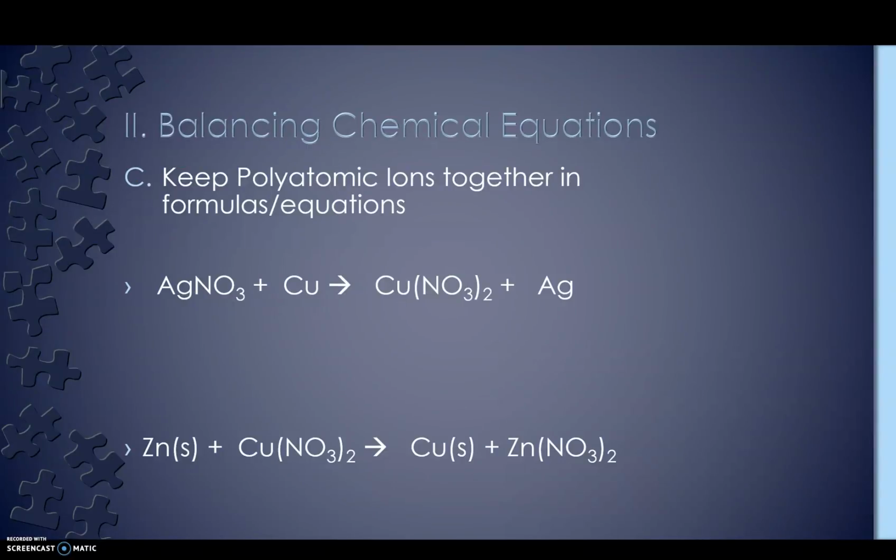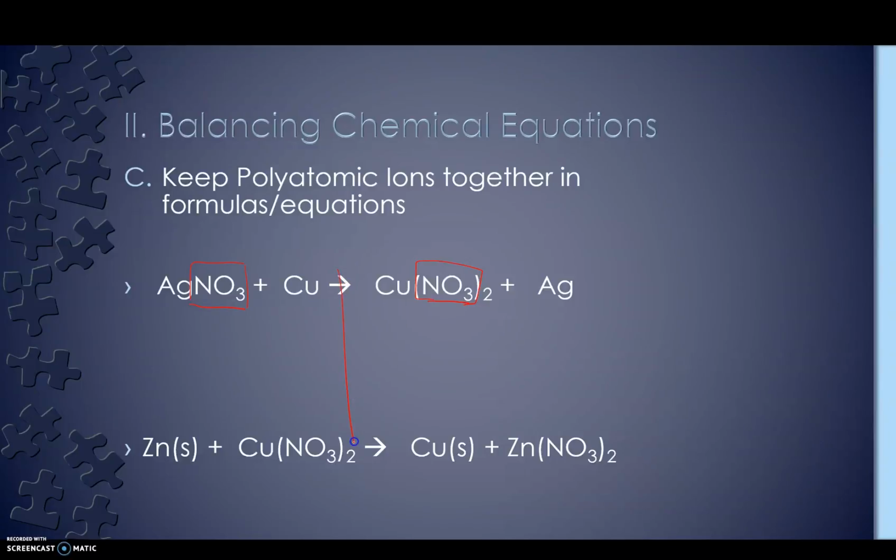Now, the last thing with balancing our equations is if you have a polyatomic ion, such as nitrate, which is in both here, keep those polyatomic ions together. It's going to make your life a lot easier. These are the only things that you keep together.